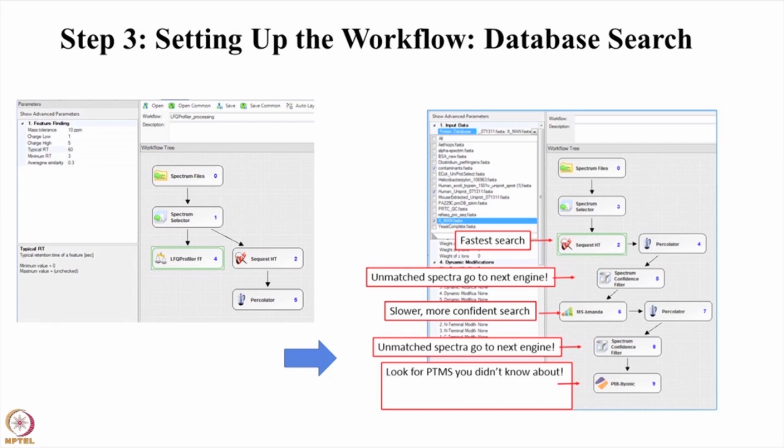For example, in this case it is the spectrum confidence filter, and furthermore you can also use other software for knowing the other modifications present in the peptide. For example, if you want to know whether your peptide is glycosylated or phosphorylated, then you can use these kinds of filtering to annotate those changes in your peptide.